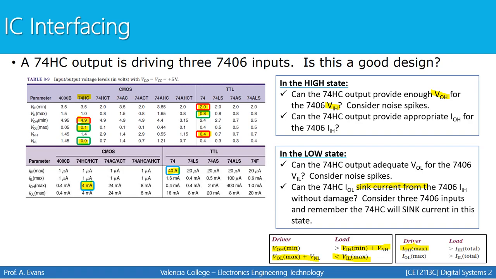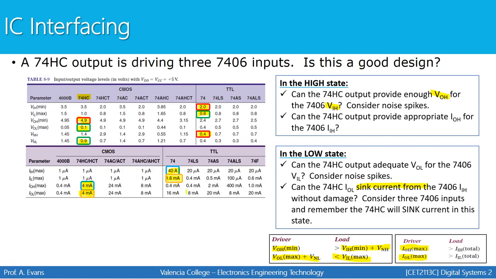Now let's consider the current compatibility in the low state. So we're going to be looking at the low-level output current for the driver, which is here, and the low-level input current for the load.